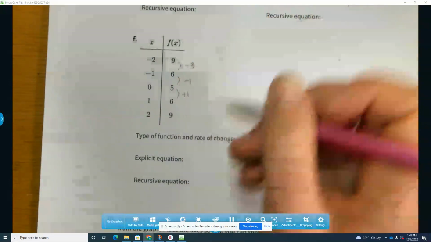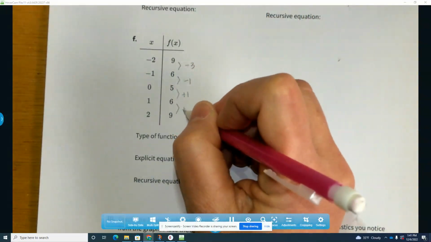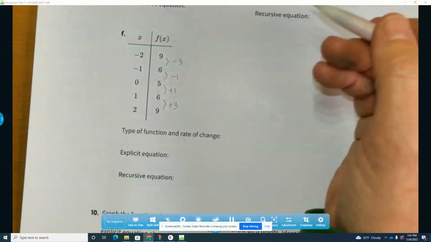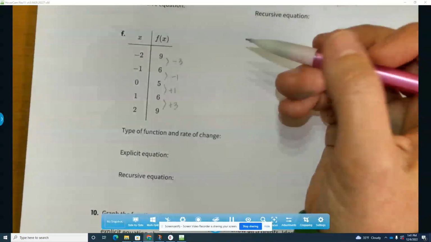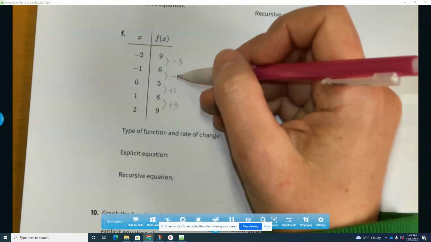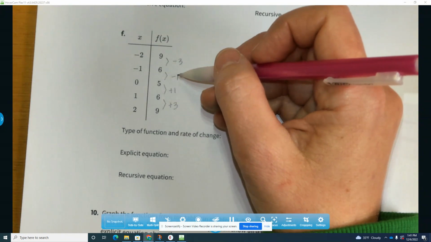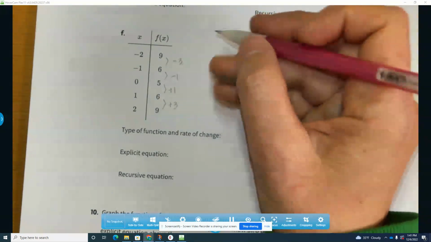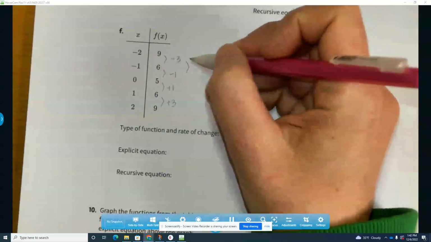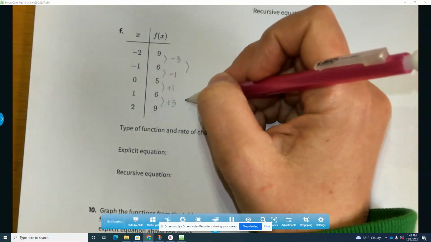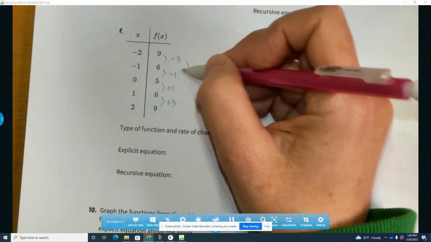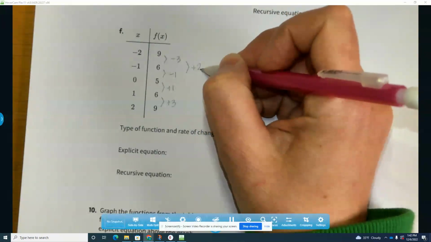That's actually a plus 1, and that's a plus 3. All right. This is definitely quadratic. We don't have anything constant, whether it's adding, subtracting, or multiplying. And so that just leaves quadratic as an option. But we need to figure out the second difference as well. So to go from negative 3 to negative 1, that is an increase of 2.